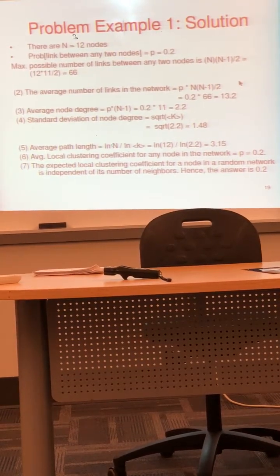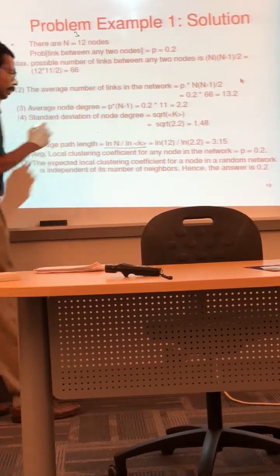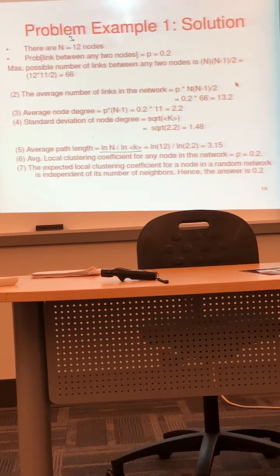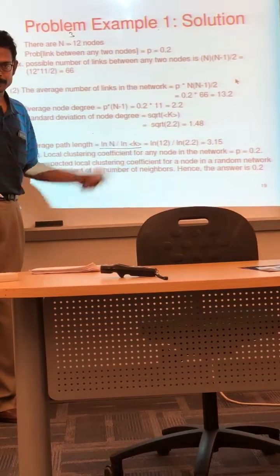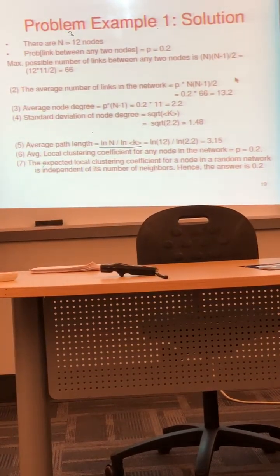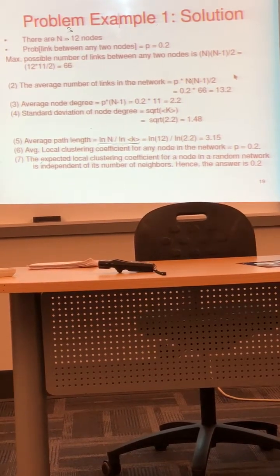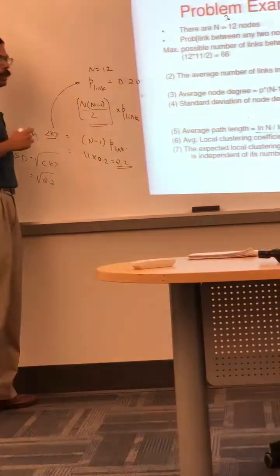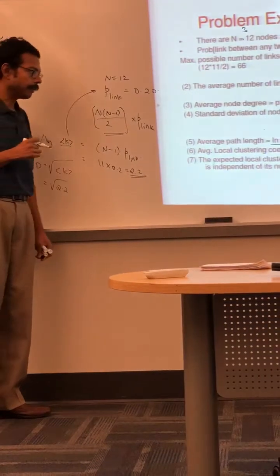The average path length for a random network would be given by this formula. There's a derivation for this, we are not seeing that. So log of n divided by log of average degree. That is the average path length between any two nodes in a random network of n vertices and P link value. Of course, because we got average degree based on the P link. So given the number of nodes and P link, you can find the average path length.